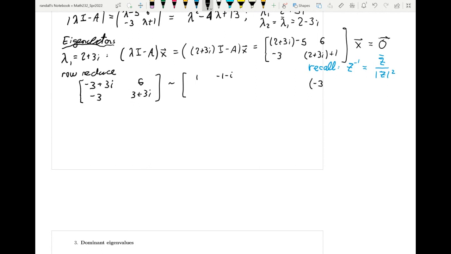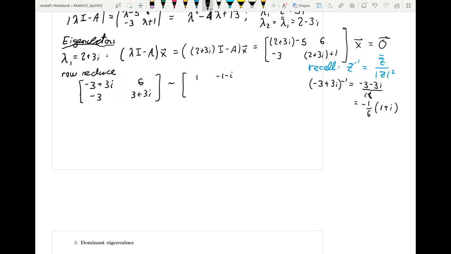Therefore this inverse, which I used here, is minus 3 minus 3i over, now the norm squared here is 9 plus 9, it's 18. So we can simplify this a little bit to be minus 1 over 6 times 1 plus i. That number, minus 1 over 6 times 1 plus i, is the number I multiplied the top row by. So that gave me the leading one in the top left corner.